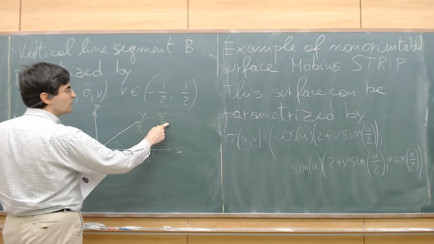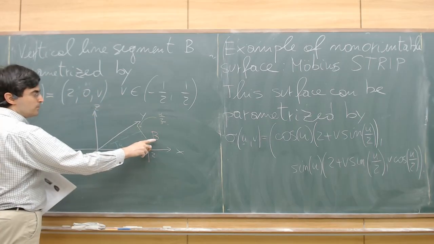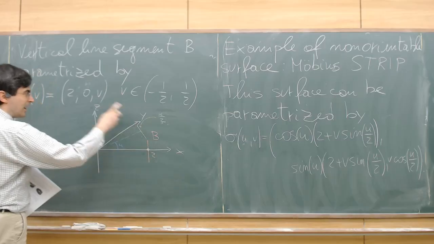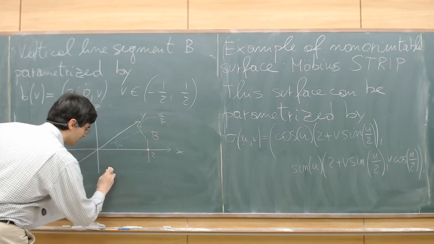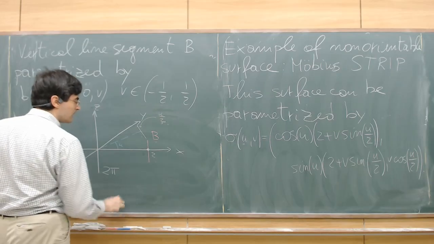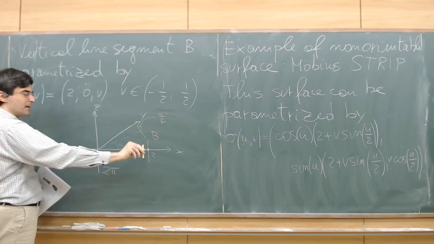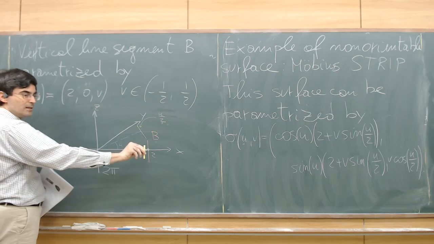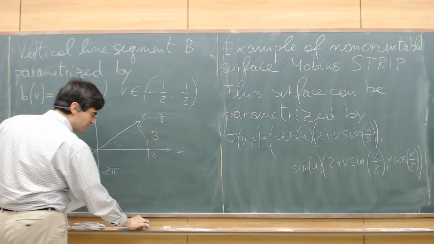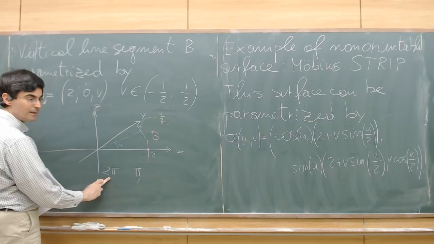Why u over 2? Because B must rotate around the axis of 2 pi, and at the same time B must rotate this way, so it has to make 180 degree turns. This means pi, which is half of 2 pi.